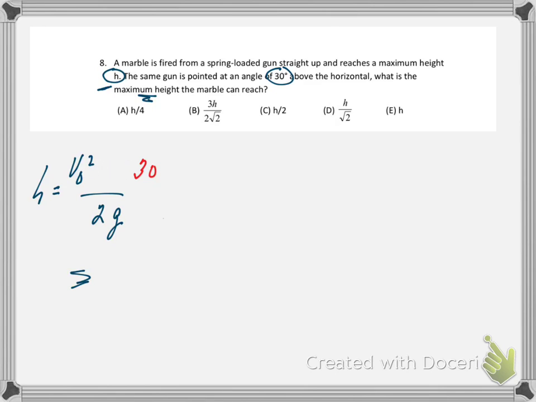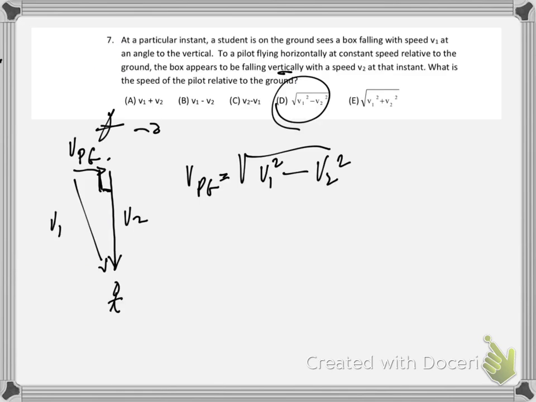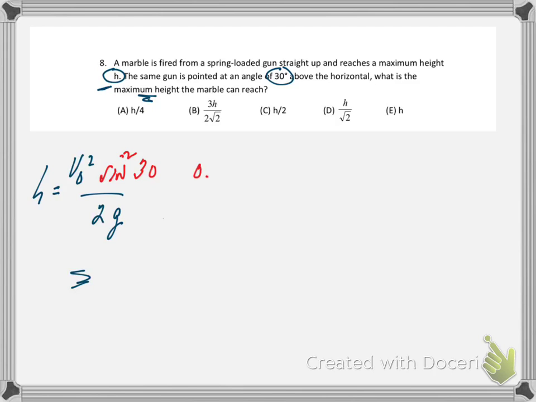So that corresponds to sine squared 30 degrees. The sine of 30 is 1/2, and 1/2 squared is going to be 0.25. So it's 1/4. So the answer here is height divided by 4, which would be A.